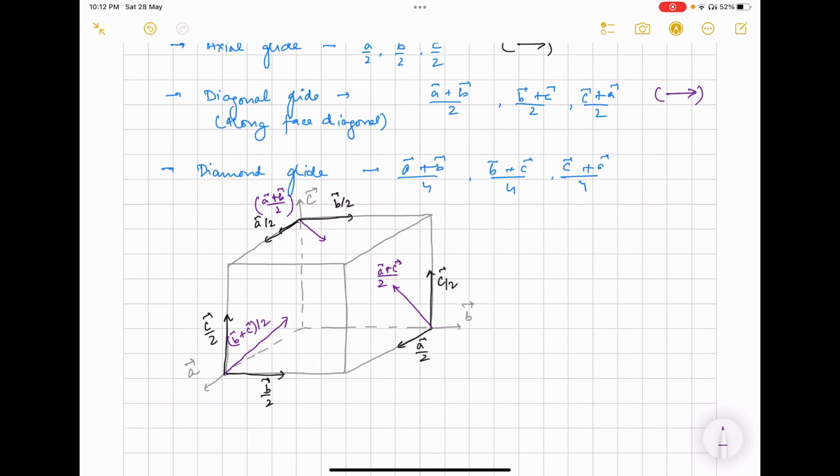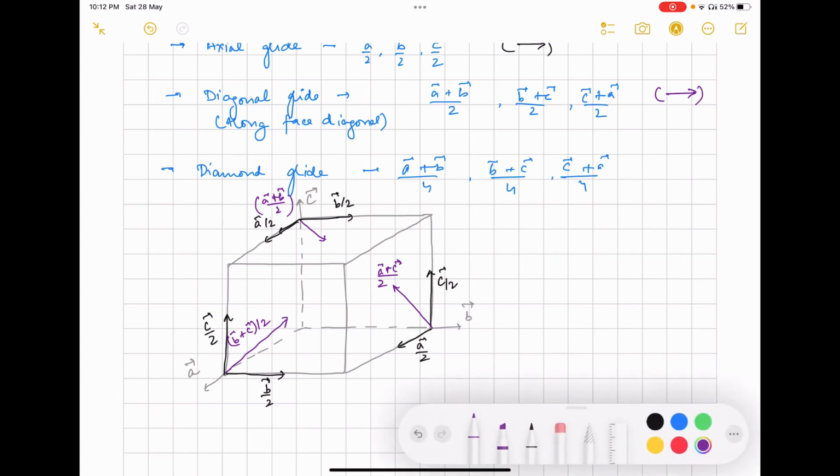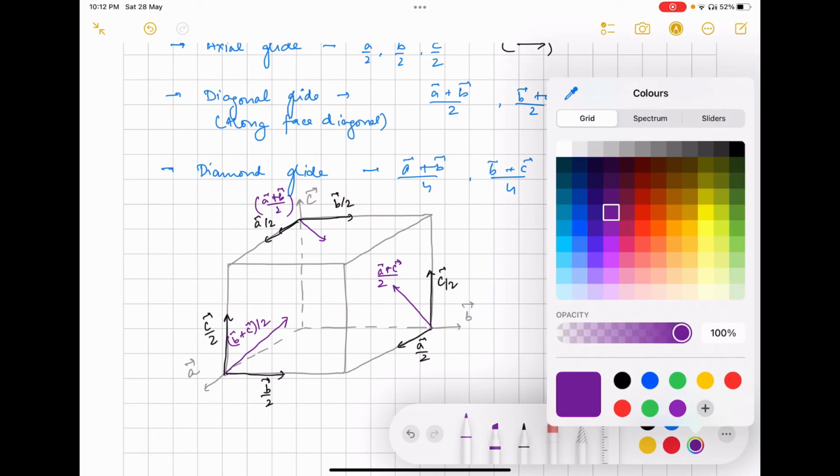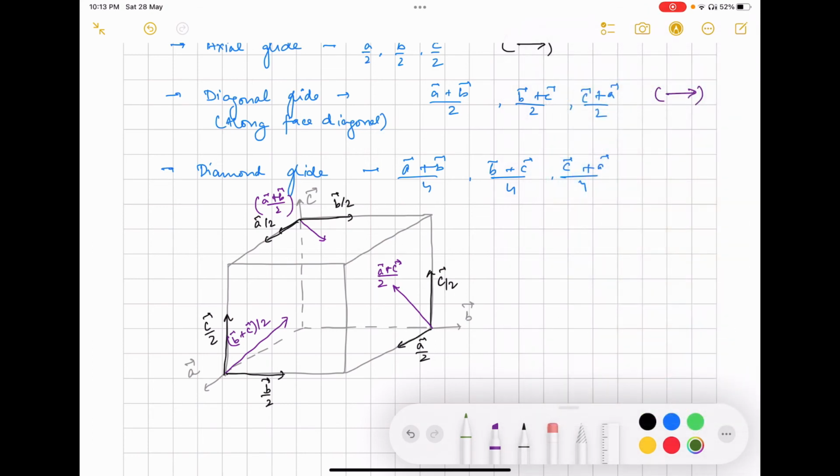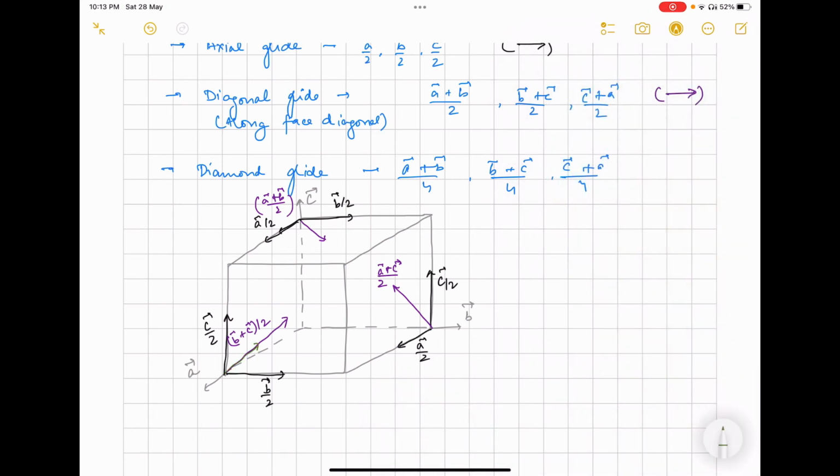Okay, now let us go to diamond glide. So your diamond glide will be half of these lengths, so it will be till here.